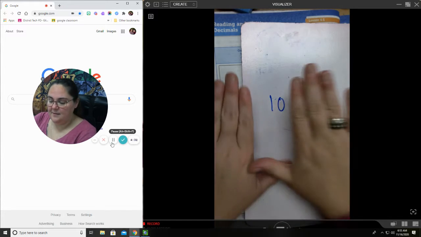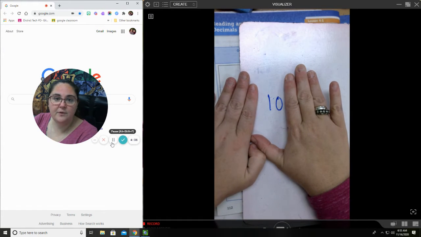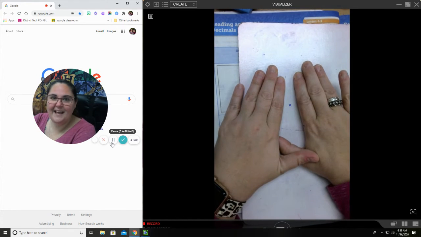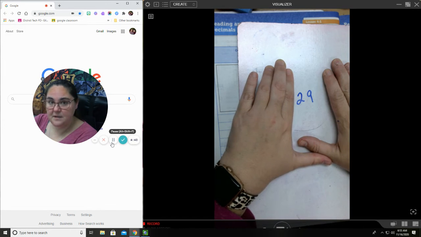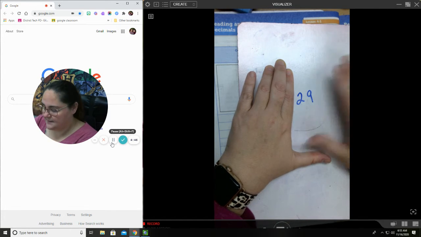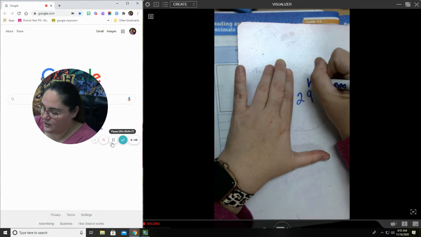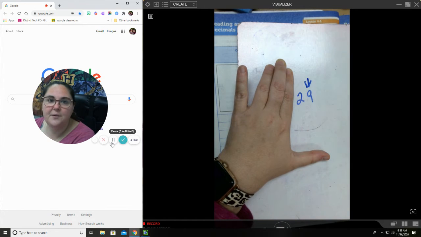is you read anything before the decimal as a whole number. So what number do we have? 10. Then you say and. Then any digits past the decimal, 29. And then whatever your last digit is, you say that place value.